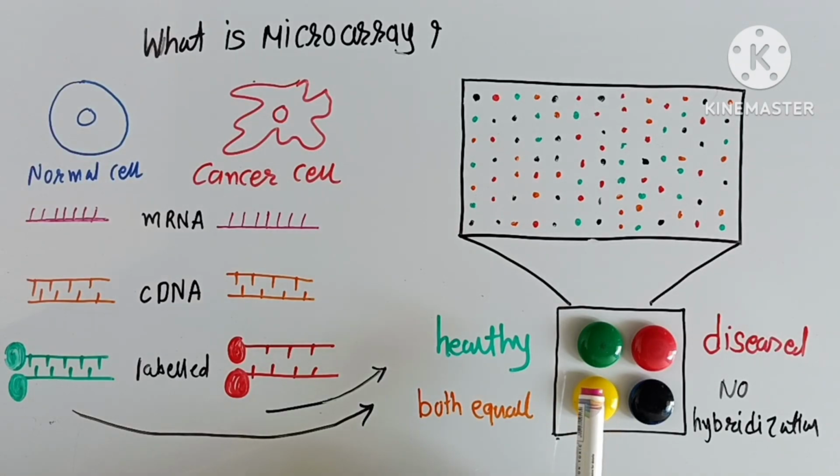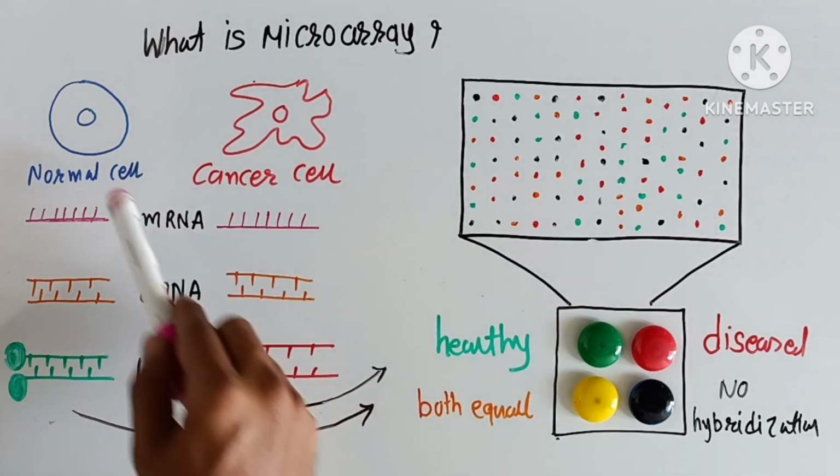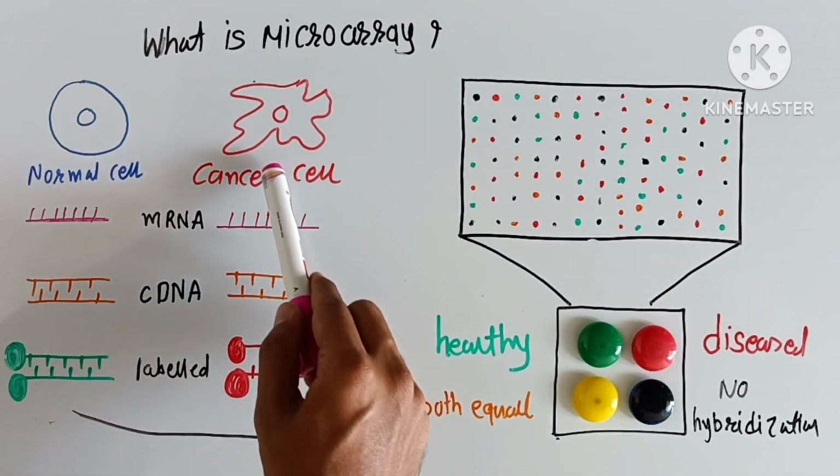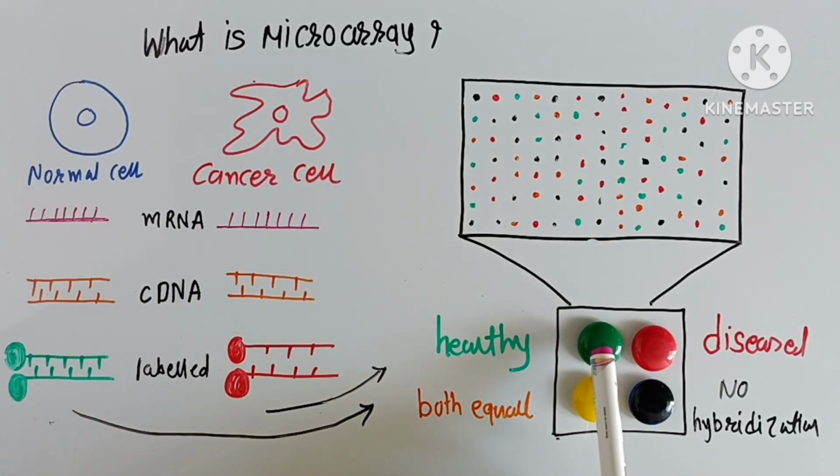Here is the analysis. Four colors you can observe: green, red, yellow, and black. Green indicates that more healthy samples, meaning normal cells, are hybridized compared to disease, meaning cancer cells.